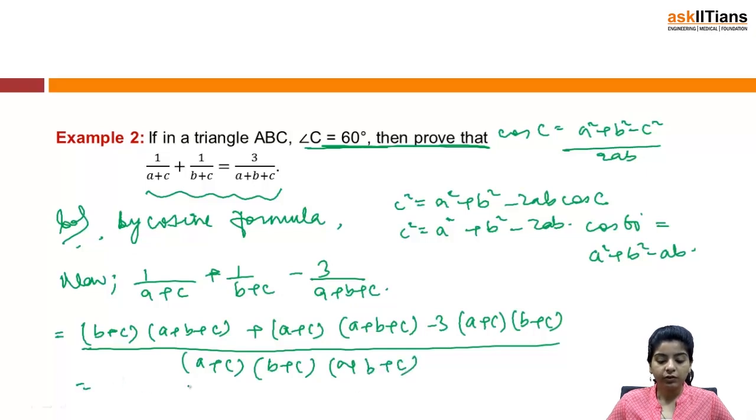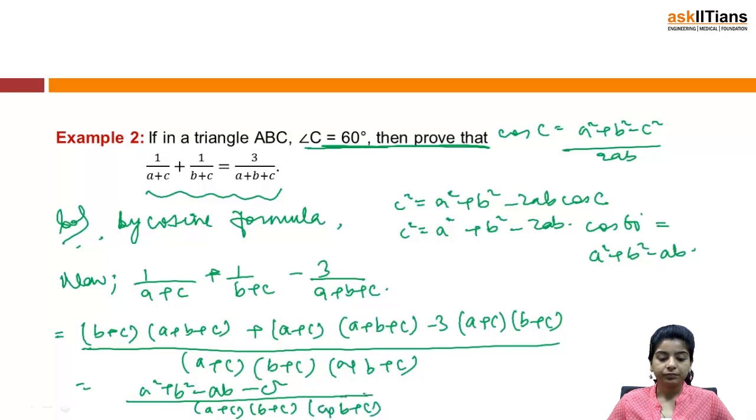So once you simplify this, you are left with a² + b² − ab − c², divided by the same term (a+c)(b+c)(a+b+c), right.